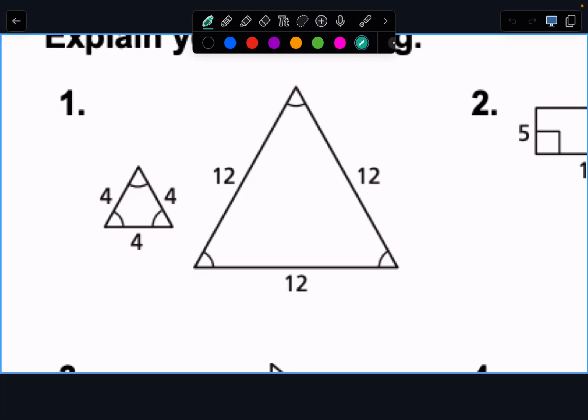So first of all, do we have angles that match? Yes, we do because of the swoops. Now, do you agree that these two sides correspond? Okay, so I'm going to write 4/12. We can divide that by 4. So what is our fraction really? 1/3. Okay.